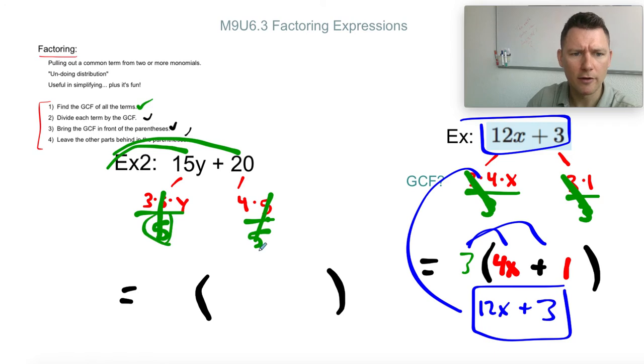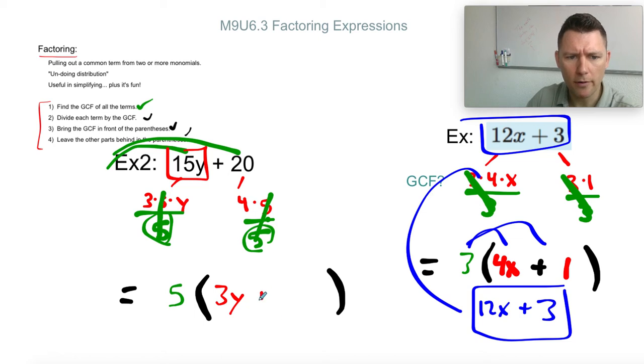There was a 5 involved, right? And left inside is what's left once we pulled a 5 out, a 3 and a y. And what's left in here is this 4, right? Plus 4. This plus is this plus. So this is its factored form.